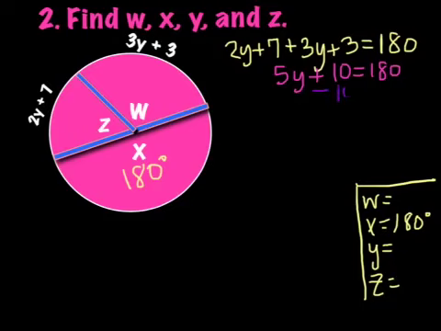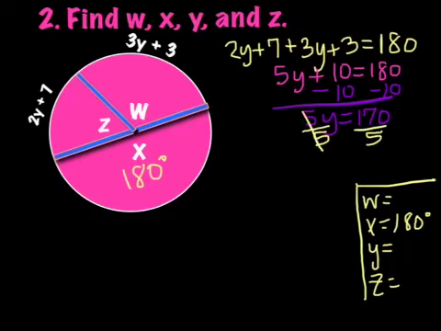Subtract 10 on both sides, and we get 5y equals 170. Now we just have to divide 170 by 5. Okay, so we can do that off to the side down here. So 170 divided by 5 goes in 3 times. 15, subtract, so we get 34. Okay, so y equals 34.